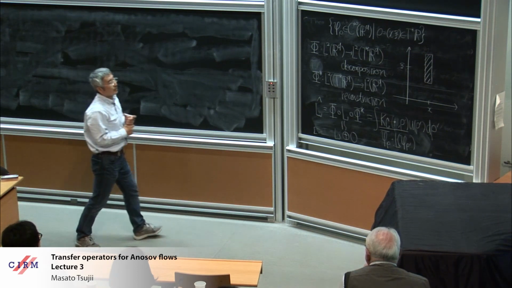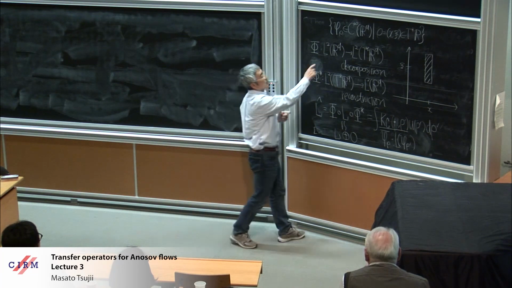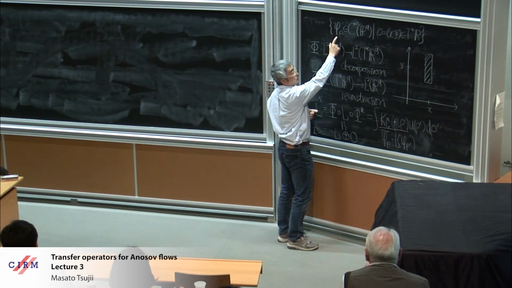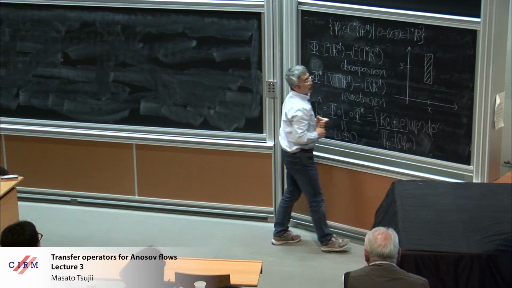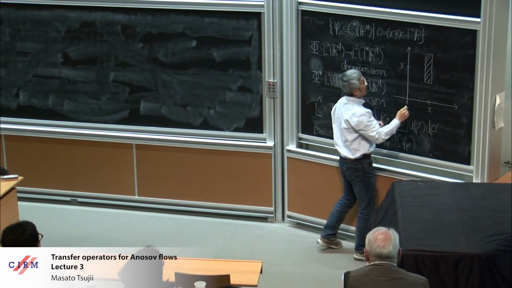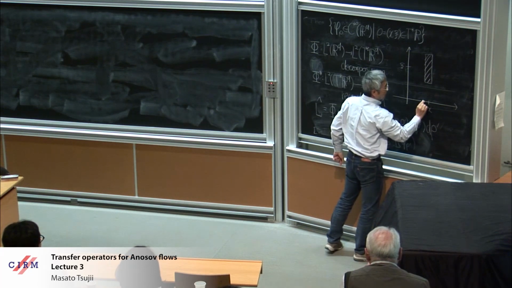I don't repeat the construction, but what I get is some family of functions parameterized by an element rho of the cotangent space. If you consider this function in space, it concentrates around x.